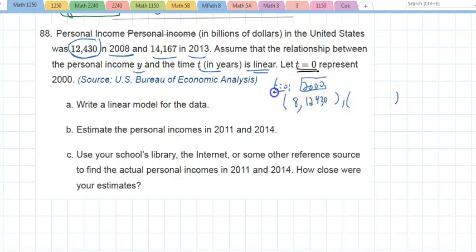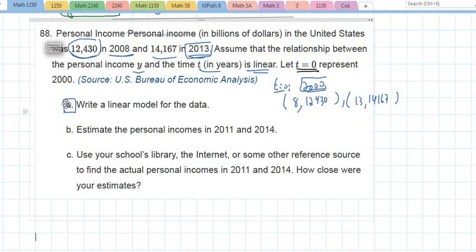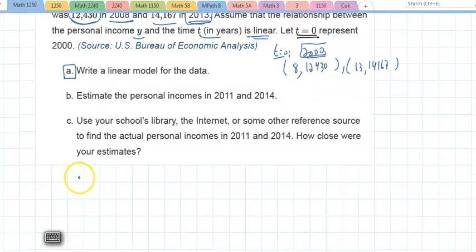And if t equals 0 stands for 2000, then if somebody was born in 2000, in 2013 they'll be 13 years old, and that would be 14,167. I have 2 points. I want to find an equation for the line. To find equation of a line, I need a point and a slope.